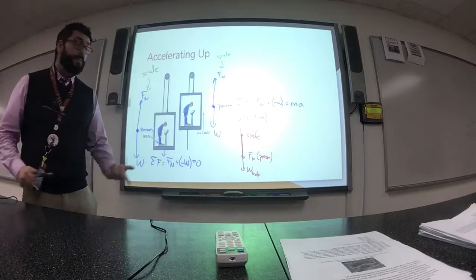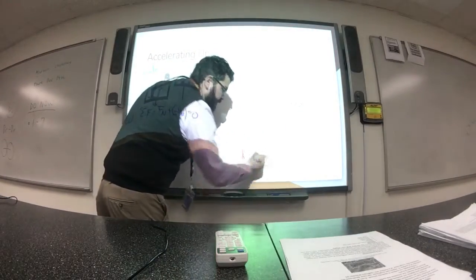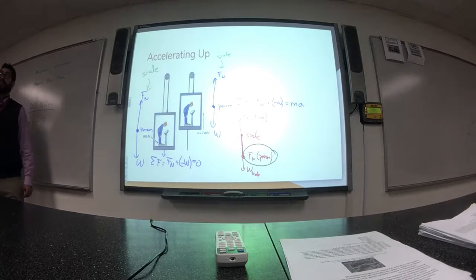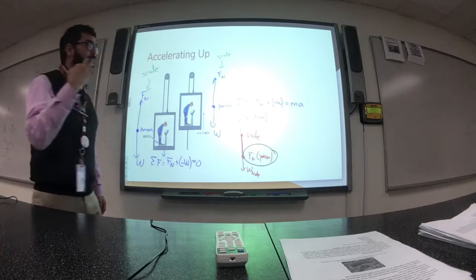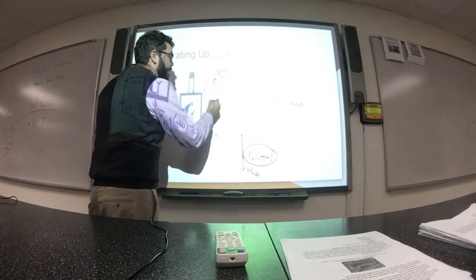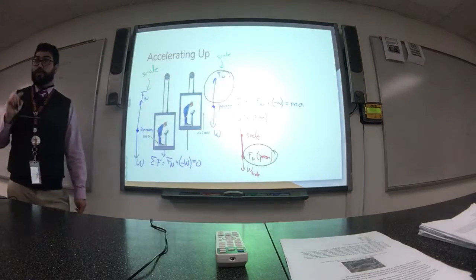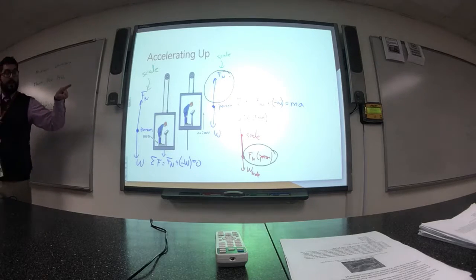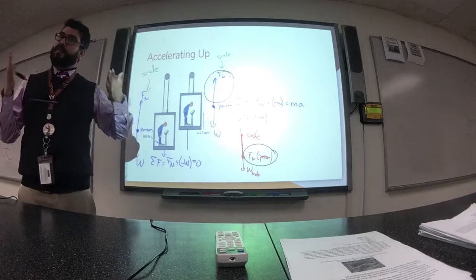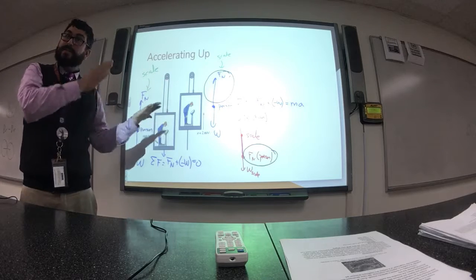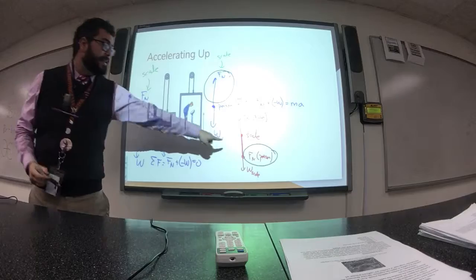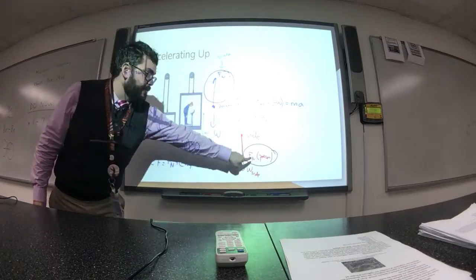This force represents your interaction with the scale, and it happens to be a third law pair with your normal force up. So the amount that you interact with the scale is the number that the scale tells you, and it's that normal force that's on both of you.